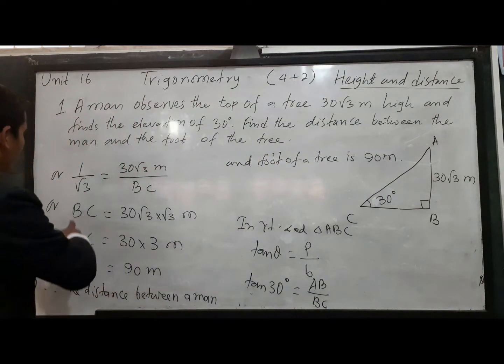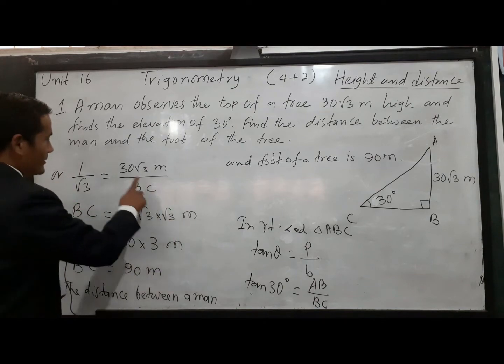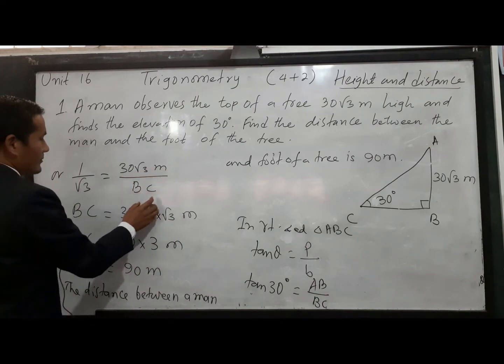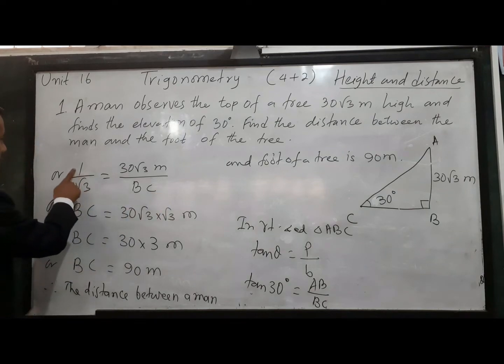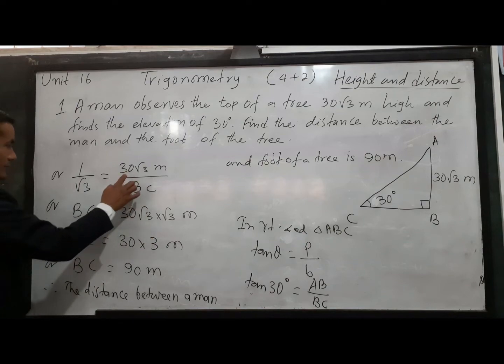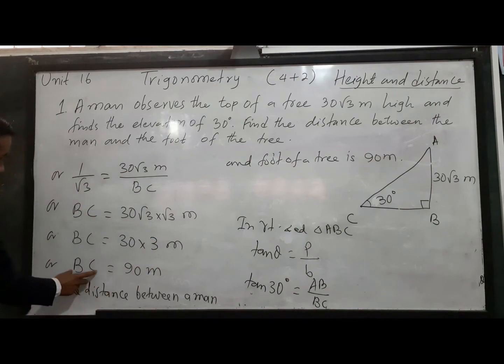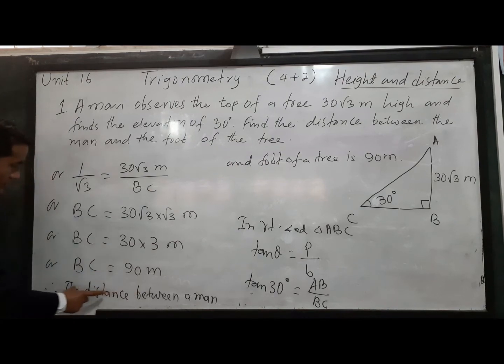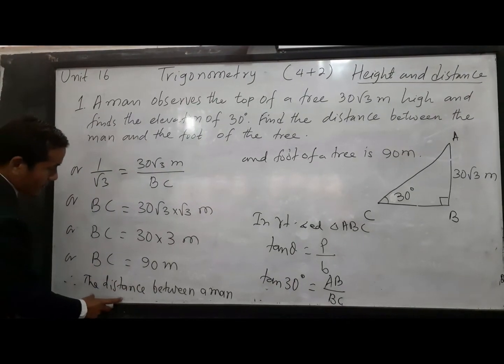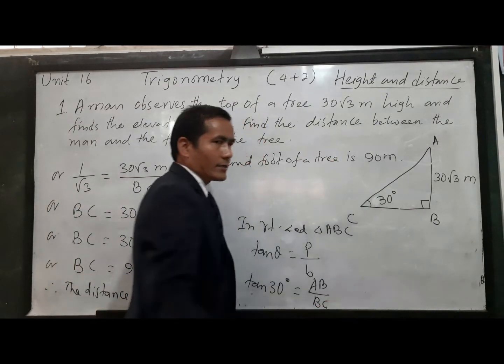The value of tan 30 degrees is 1 by root 3, equal to AB, 30 root 3 meters, by BC. Now cross multiply: 1 into BC, and 30 root 3 into root 3 gives 30 into 3, which is 90. The value of BC is 90 meters. So BC, the distance between the man and the foot of the tree, is 90 meters.